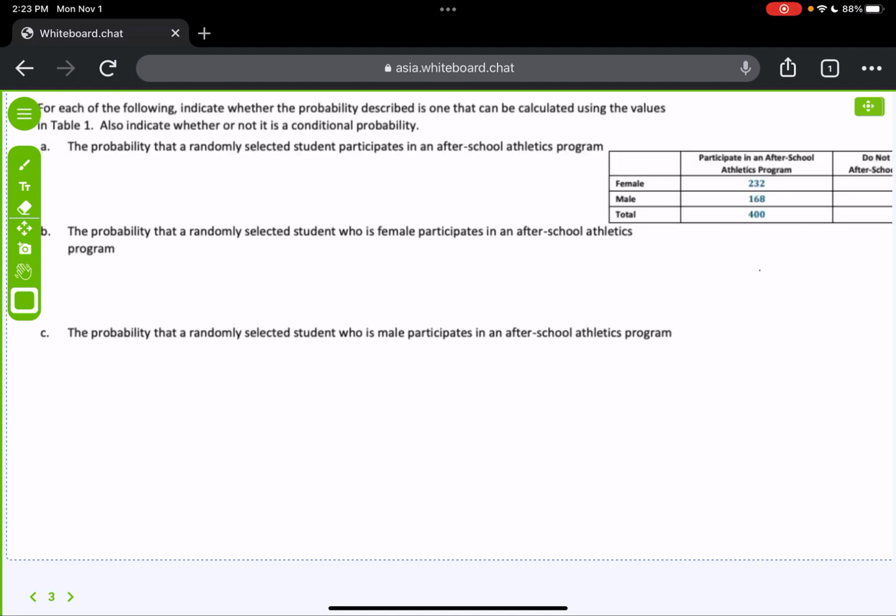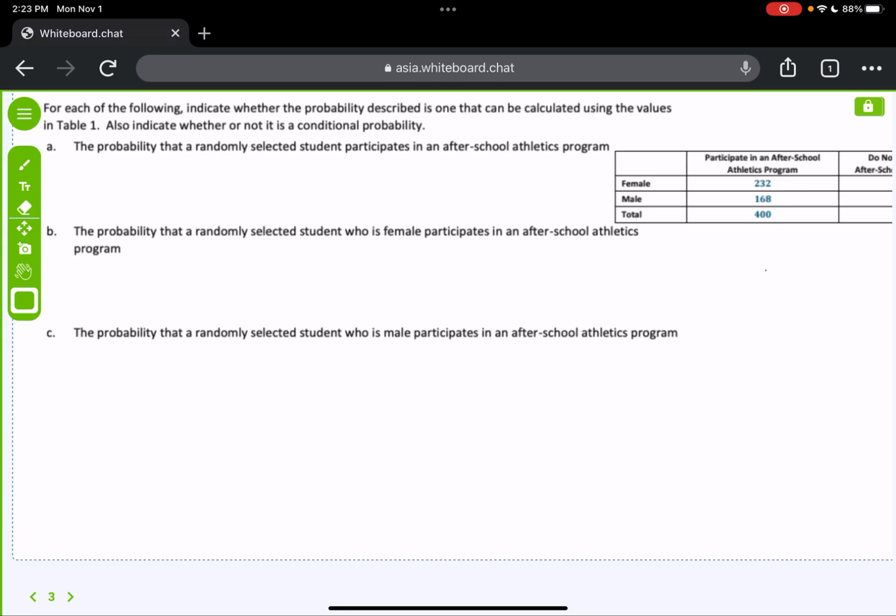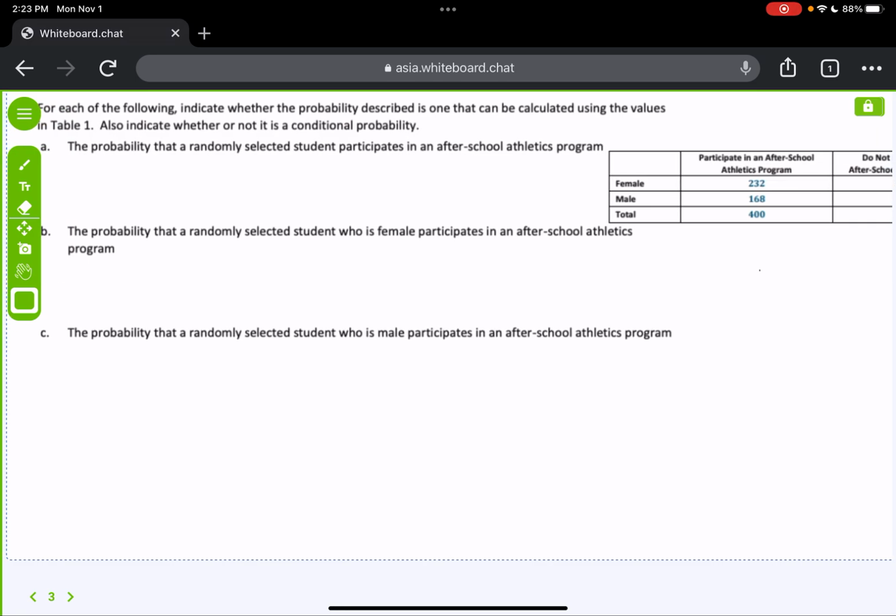Okay? Now, let's look at this page. For each of the following, indicate whether the probability described is one that can be calculated using the values in table 1. And you can see those there. The probability that a randomly selected student participates in an after-school athletic program.